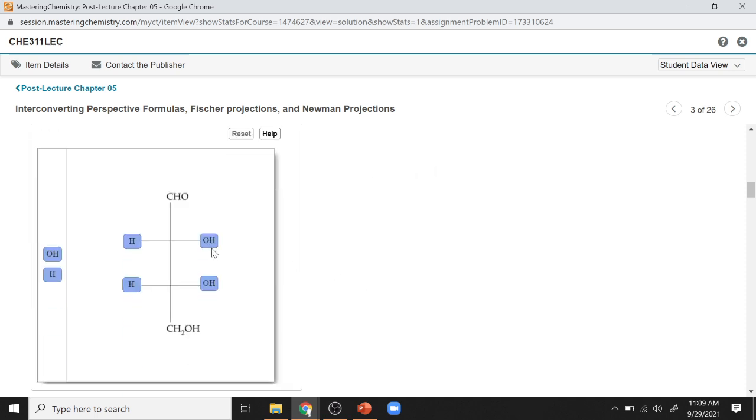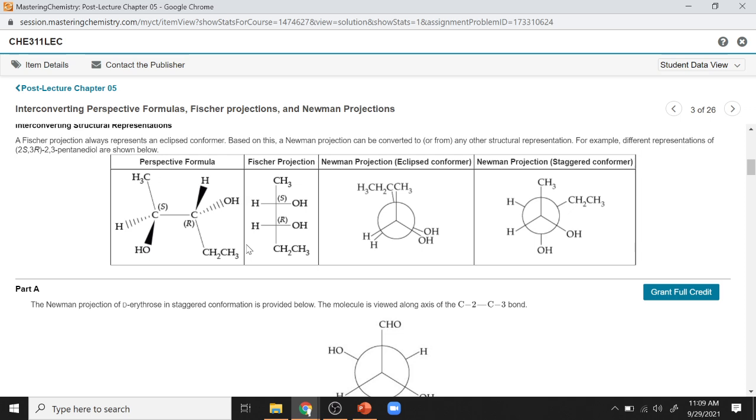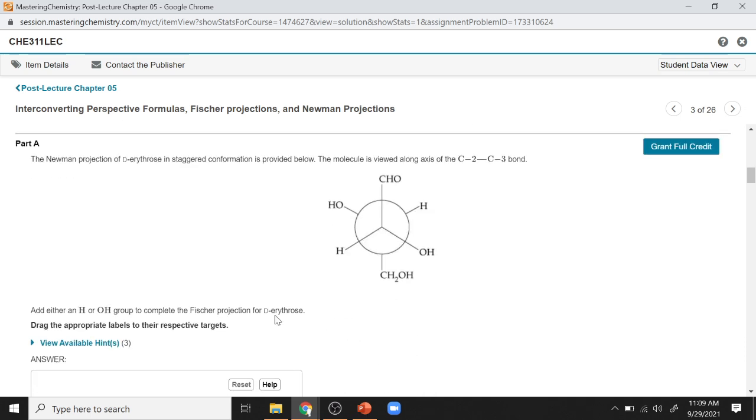Remember that if I reflected everything in this Fischer projection, or rotated the whole thing, I would still maintain everything. So if I rotate the whole thing, it's still okay.